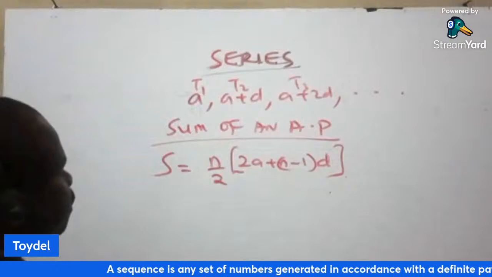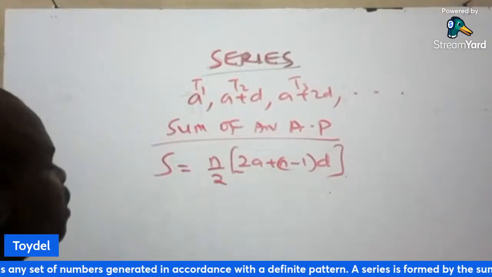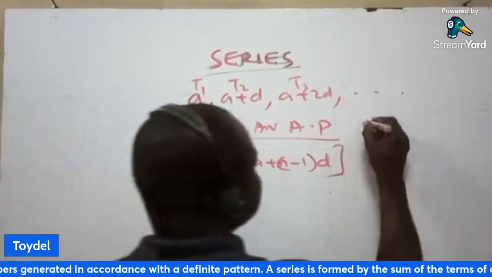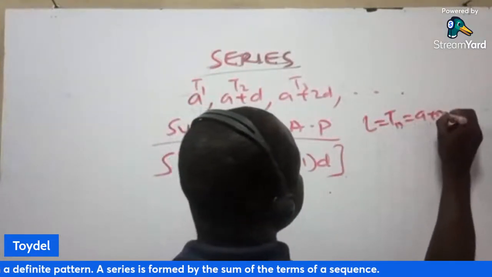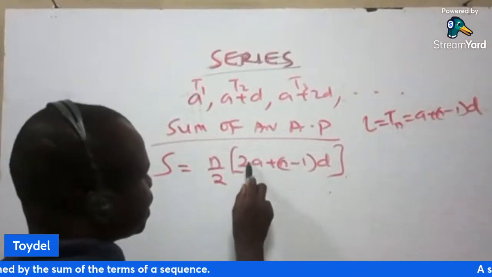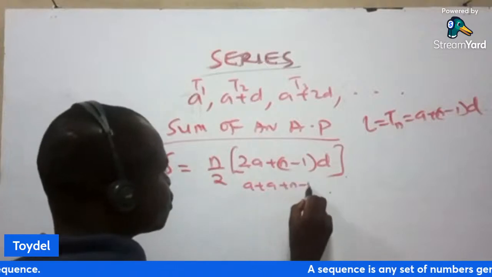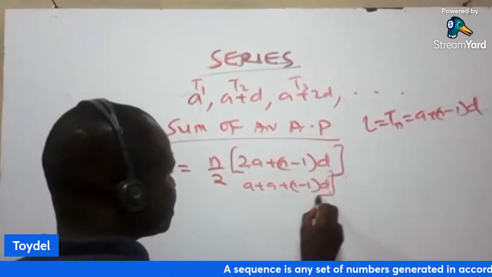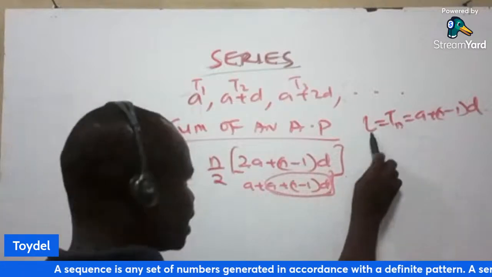So if you want to find the sum of an AP, it's given by what you have on the board. But you recall that our last term or nth term is given as a plus n minus 1 into bracket d. That is the nth term or the last term.